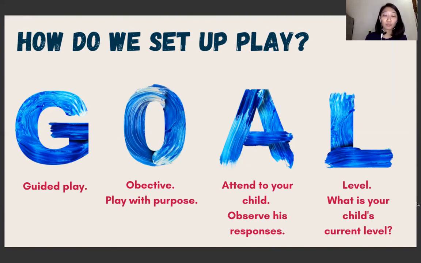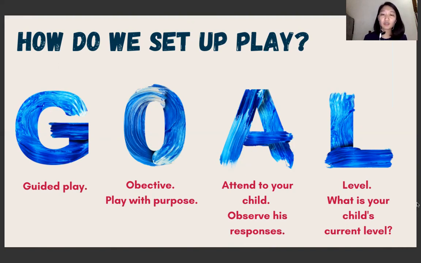Number 2, objective. Play with purpose. Every time we think of a play activity, we should always have an objective in mind. What do you want your child to learn in this activity? What do you want your child to develop in this task?